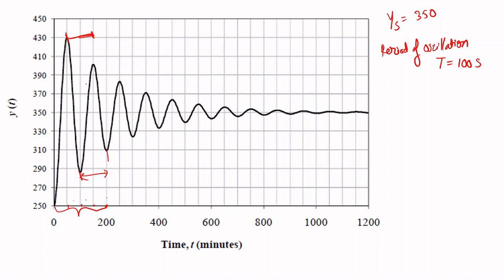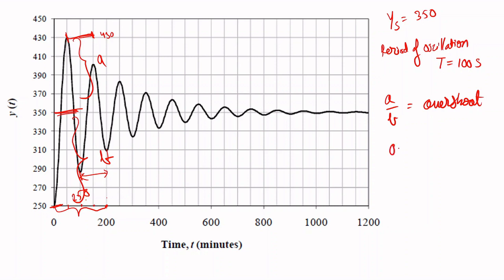The other thing we can calculate is this. We can see that the maximum value over here is 430. The minimum value over here we can see as 250. So we can call this A and this B. We know that the ratio of A upon B is known as overshoot.